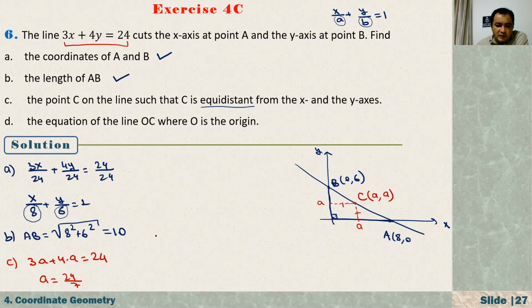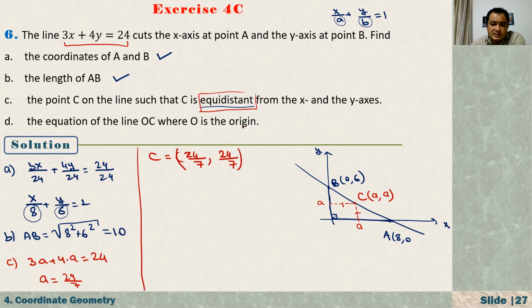Then the coordinates of C are 24 over 7 and 24 over 7. Sometimes students don't understand what we mean by equidistant. That's why they cannot solve the problem. Equidistant means having the same distance. And question D.